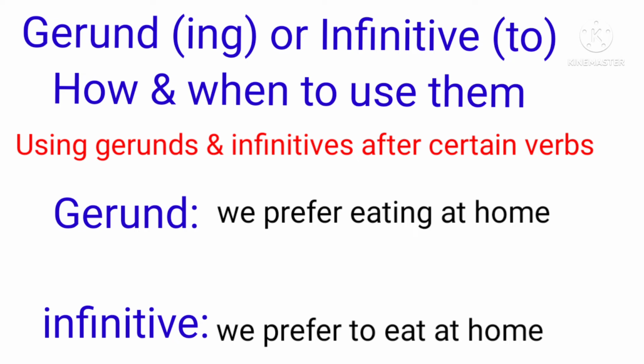Also, after the verb prefer, we can use the to infinitive, to eat. So we prefer eating at home, or I will say with the infinitive, we prefer to eat at home.